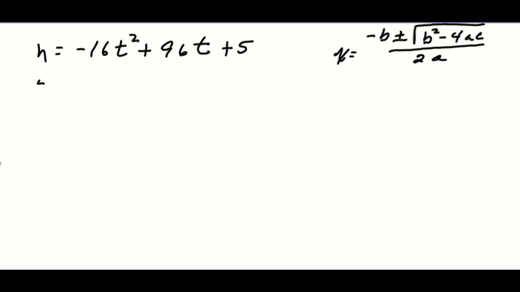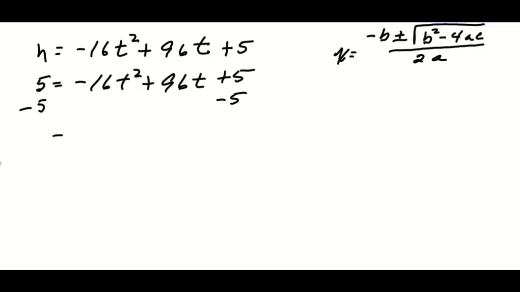and we say that's 5 equals negative 16 t squared plus 96 t plus 5. So to get 0 on the left side, I have to subtract 5 from both sides, and now what I get is 0 equals negative 16 t squared plus 96 t.